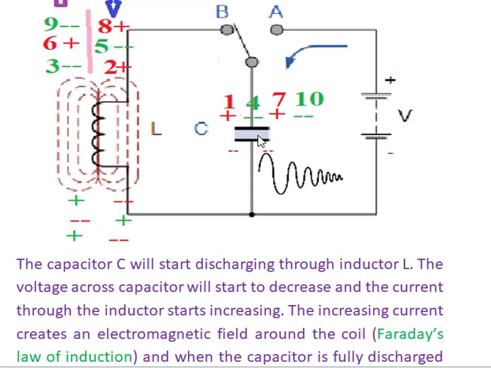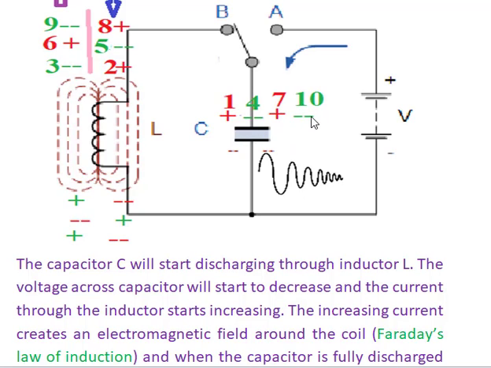Again, after charging fully, the capacitor starts to discharge. Again a positive voltage is given here, negative voltage is given here. Again a magnetic field is produced and the magnetic field starts to shrink. So, the induced EMF is produced with opposite sign. So, the negative voltage is produced, and the negative voltage charges the capacitor.